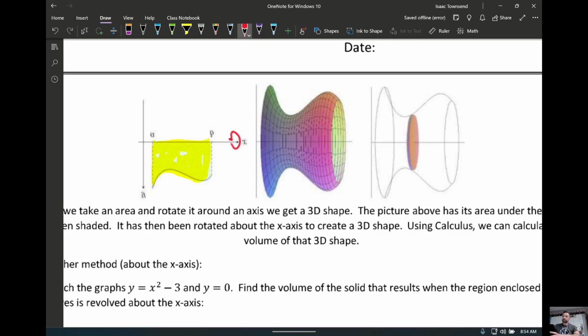This shows off a little cross-section, but basically you could take any point on here, imagine it's rotating around the x-axis, and you can see that you get a bunch of circles, and because it's a bunch of circles, that's why we are going to be integrating pi r squared.